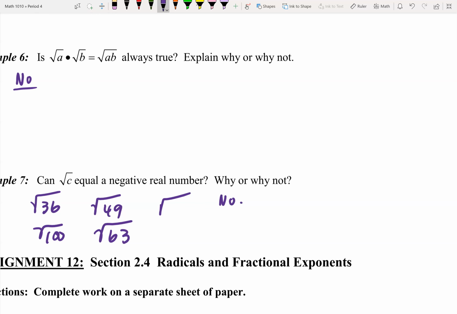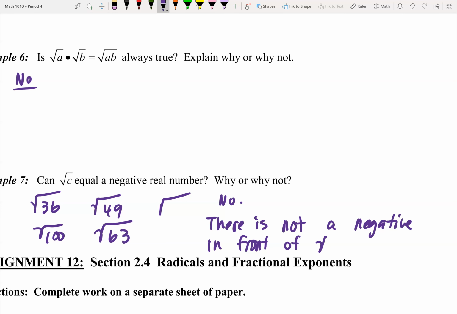The easiest explanation, I think, is there is not a negative in front of the square root of c. If there's no negative sitting in front of it, it's not going to become a negative because the square root is always going to end up being positive if there's no negative sitting in front.